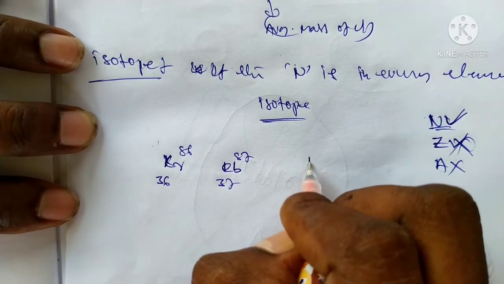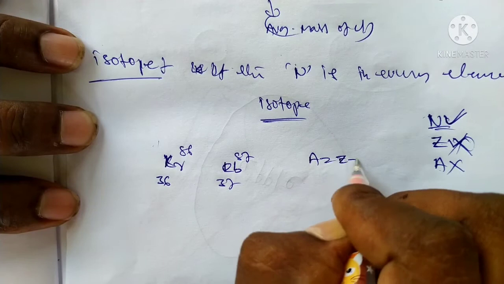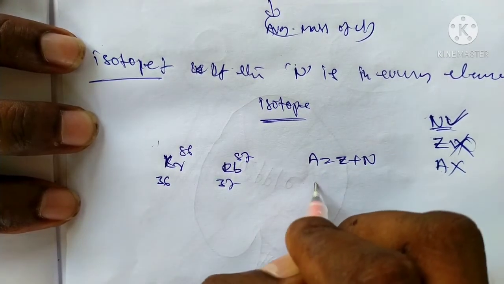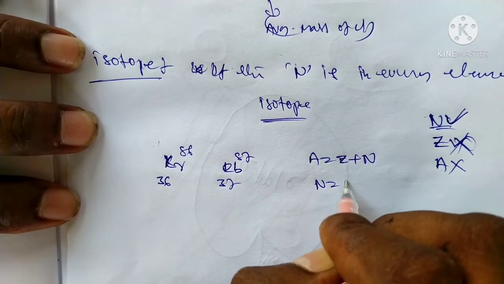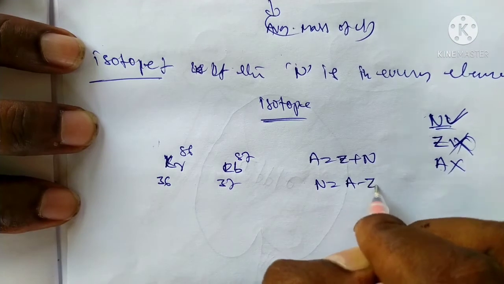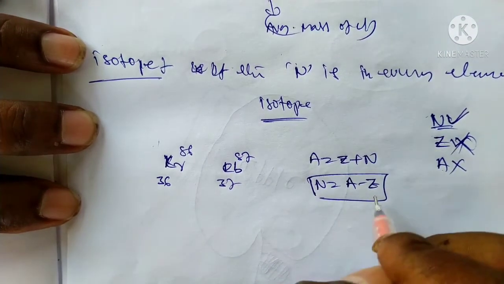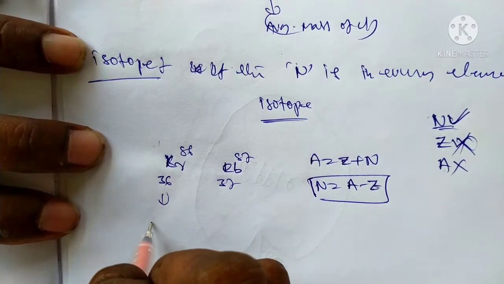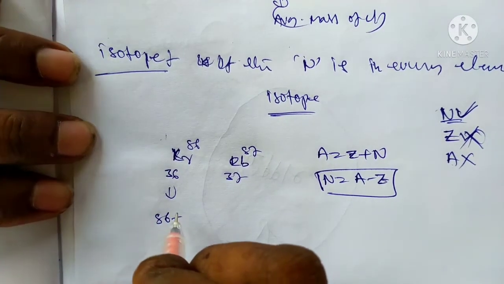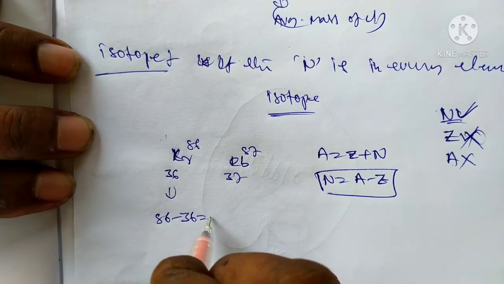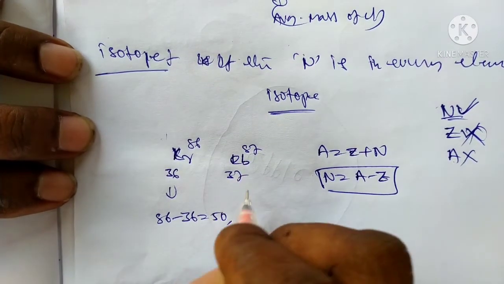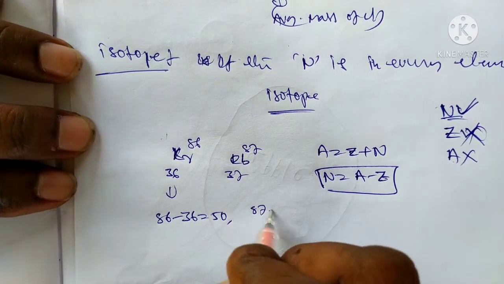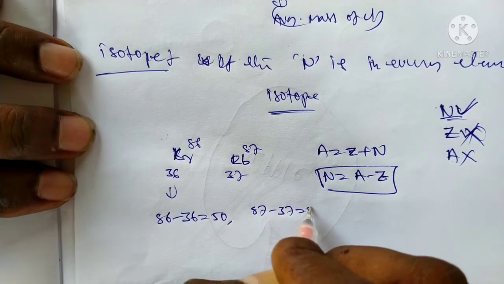According to the atomic mass number, A equals Z plus N, so N equals A minus Z. From this equation we find the number of neutrons: 86 minus 36 is 50, and 87 minus 37 is 50.